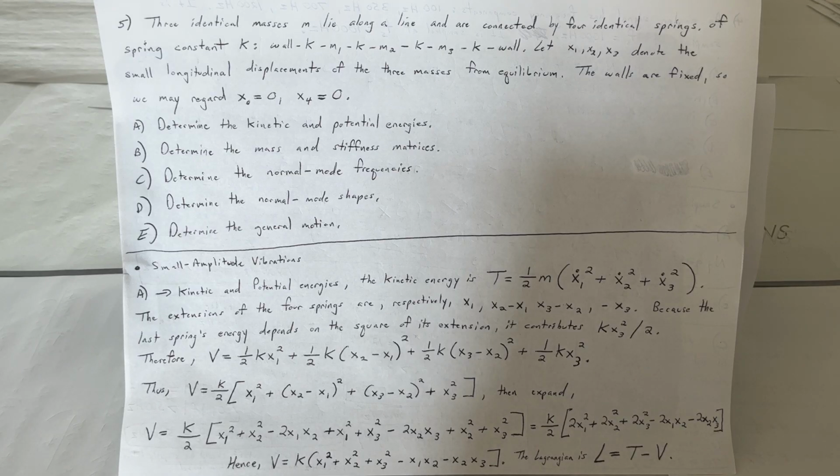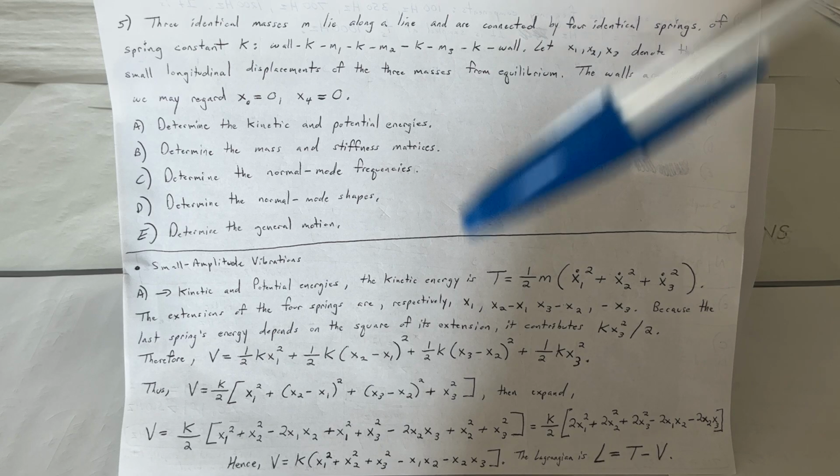V equals k over 2 times this whole quantity in the brackets, x sub 1 squared plus x sub 2 squared minus 2 x sub 1 x sub 2, plus x sub 2 squared plus x sub 3 squared minus 2 x sub 2 x sub 3 plus x sub 3 squared. And that's going to equal k over 2 times this quantity, 2 x sub 1 squared plus 2 x sub 2 squared plus 2 x sub 3 squared minus 2 x sub 1 x sub 2, minus 2 x sub 2 x sub 3.